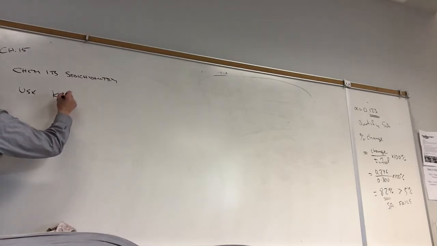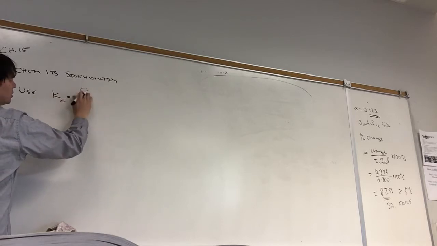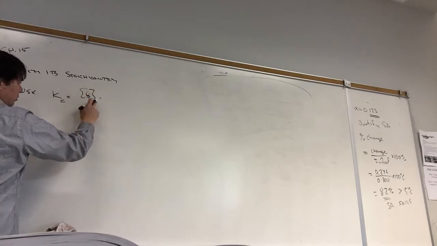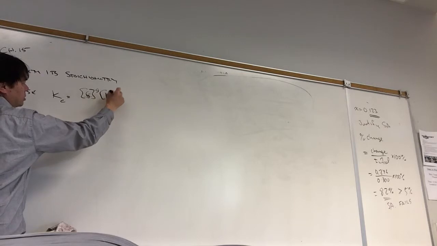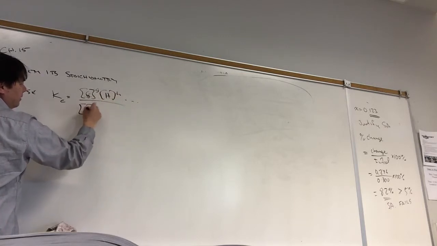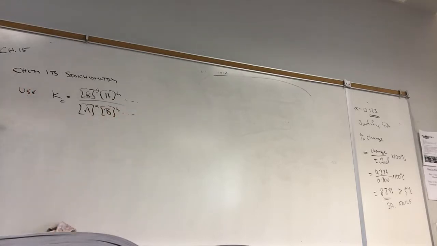K is generically Kc, which is the product over the reactants: concentration of G raised to little g, H to little h, and so on, over A to little a, B to little b, and so on. So that's Kc. We also have Kp. Rather than using molarities, we'll put in atmospheres or bars here. Essentially, it works the same way. The units are just different.